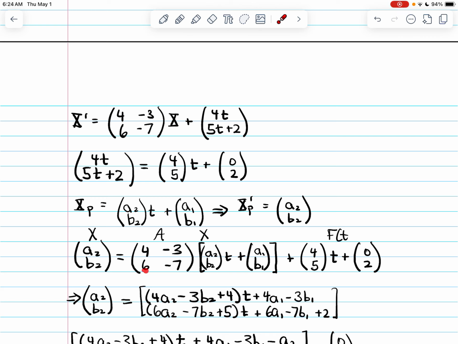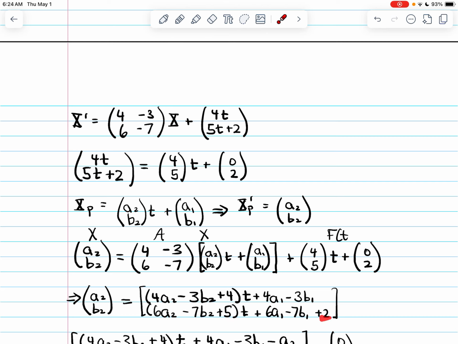The next thing I do, I'm down here on the second row. So I take 6 times a2 t, there it goes. 6 times a1, there it goes. Now I've also got 5t, I'm sorry, 5t right there.